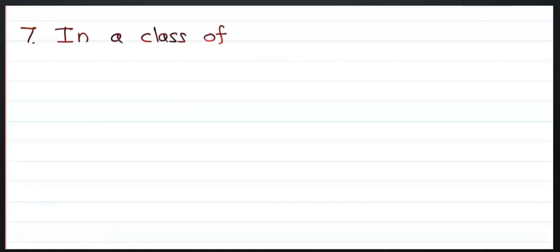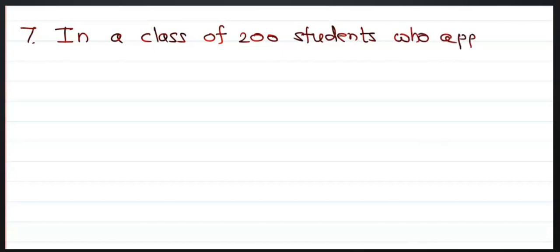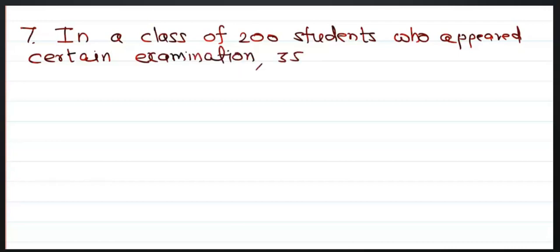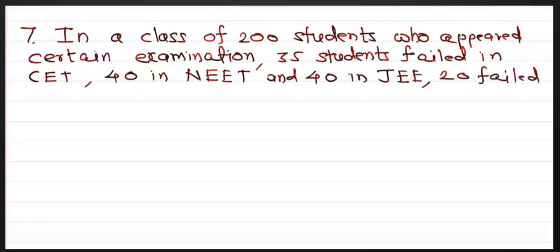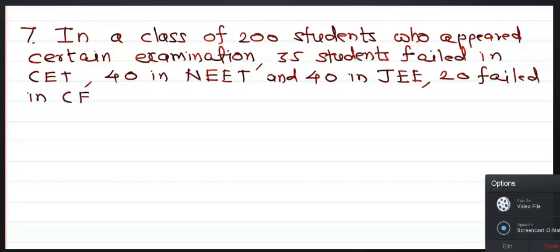Now next is, in a class of 200 students who appeared for a certain examination, 35 students failed in CET, 40 in NEET, 40 in JEE. Now see this again here.